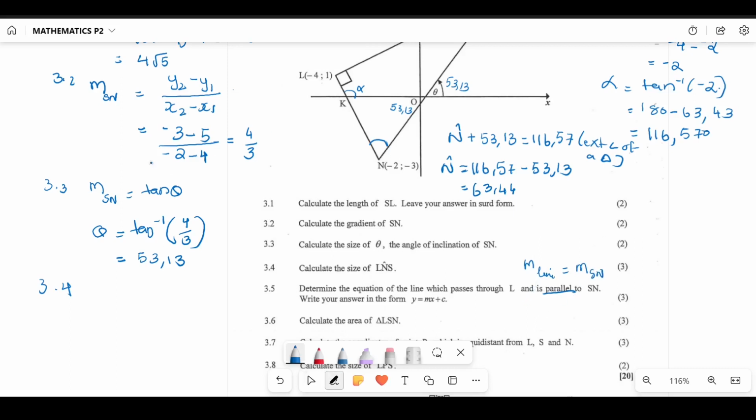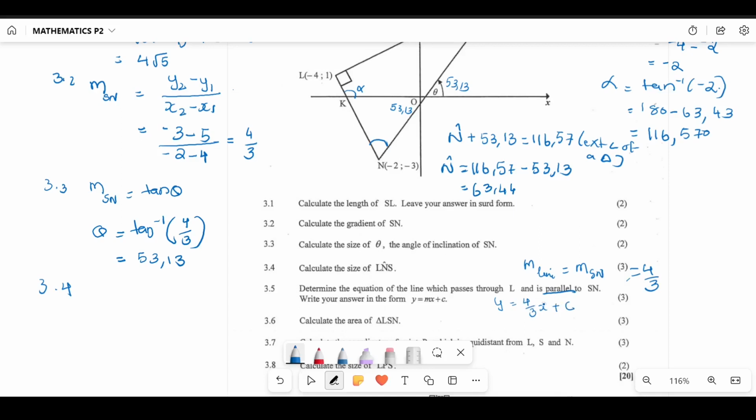We already have the gradient of SN, which is 4 over 3. So the gradient of the line is also 4 over 3. So we can write the equation as y equal to 4 over 3 x plus c.